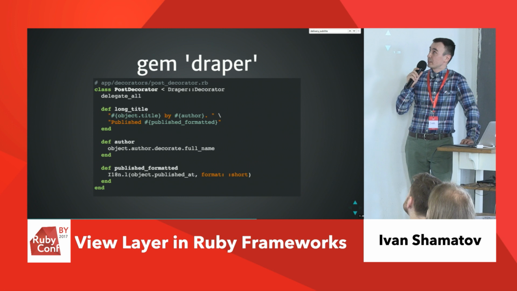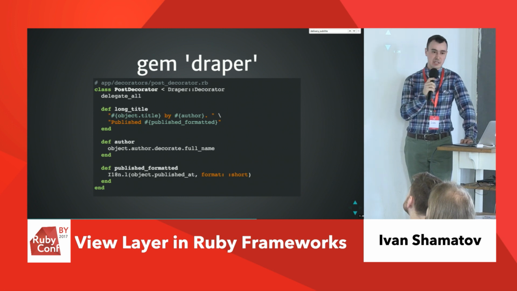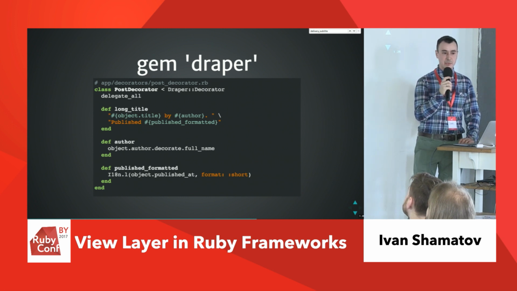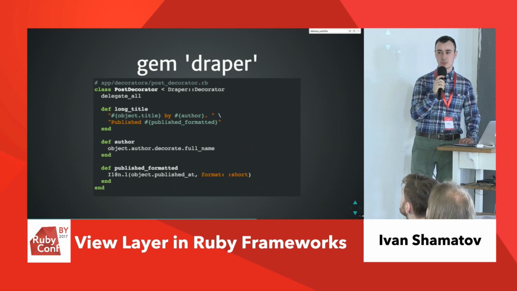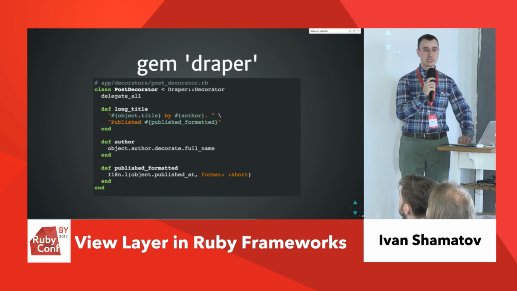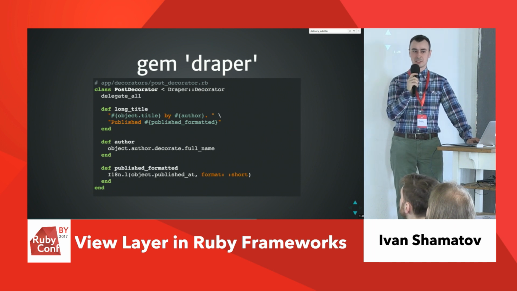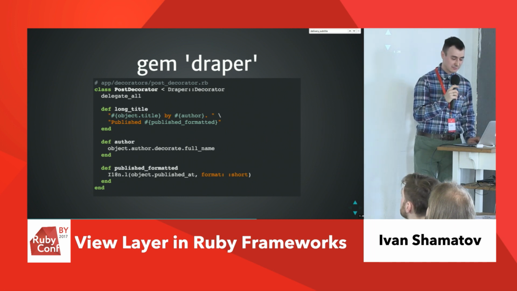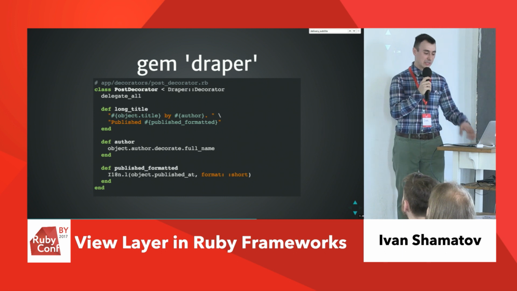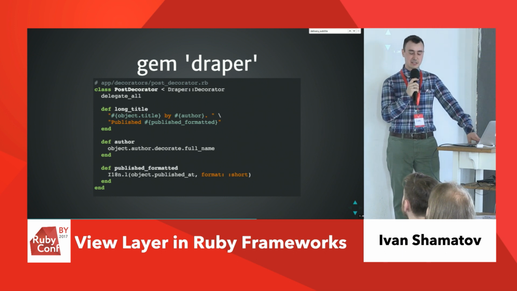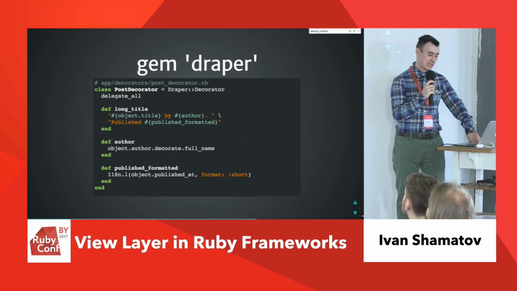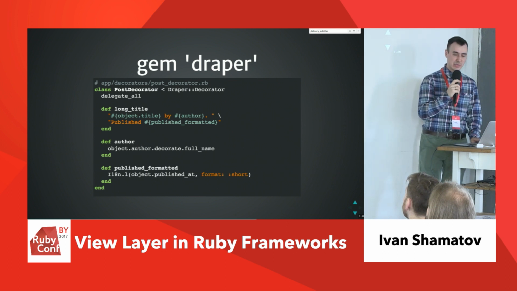Of course, we already have some kind of solution for that: the gem Draper, which I guess most of you use. Well, lift up your hand if you are using Draper. Awesome. So the gem Draper gives us decorators, view models, as it says.